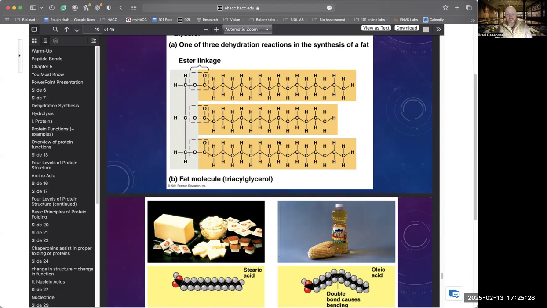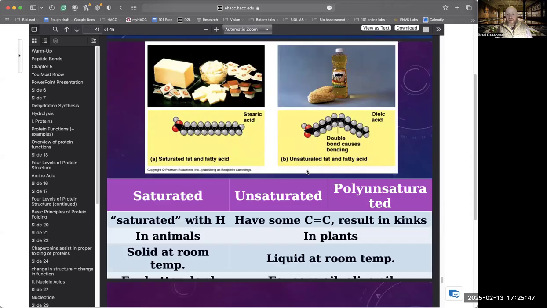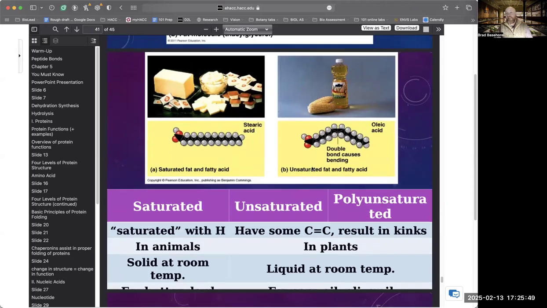Some triglycerides between the carbons will have double bonds. Those double bonds basically are going to remove two hydrogens for every single double bond because it needs those electrons to make the double bond. And that is called an unsaturated fat because it's not totally covered in hydrogens.